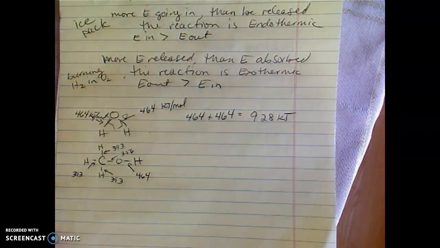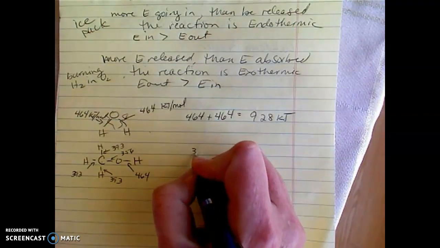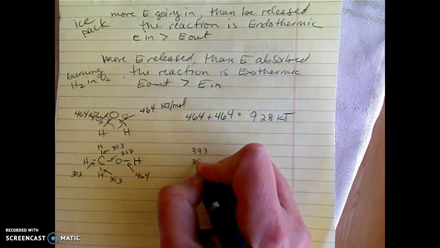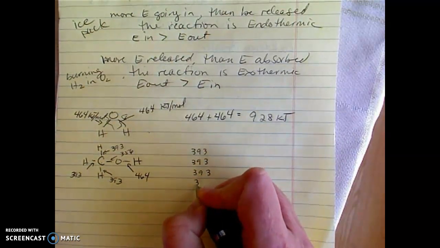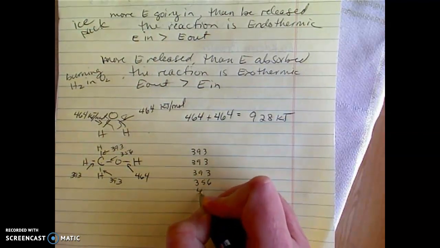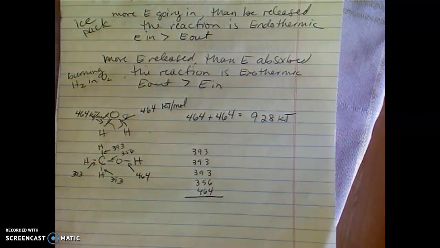So how much energy would it take to break 1 mole's worth of all of these? Add them all up. So you've got 393, 393, 393, 356, and 464. Add them all up, and we'll have our answer.